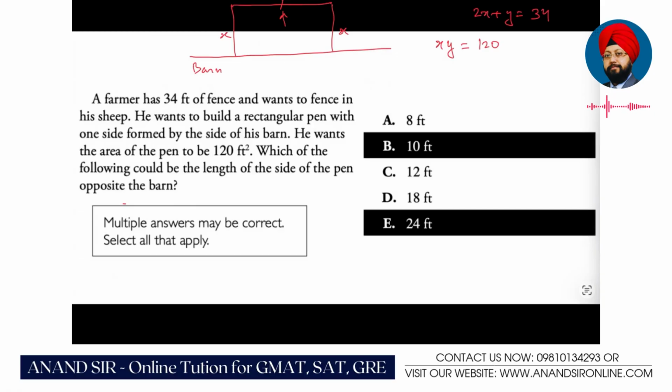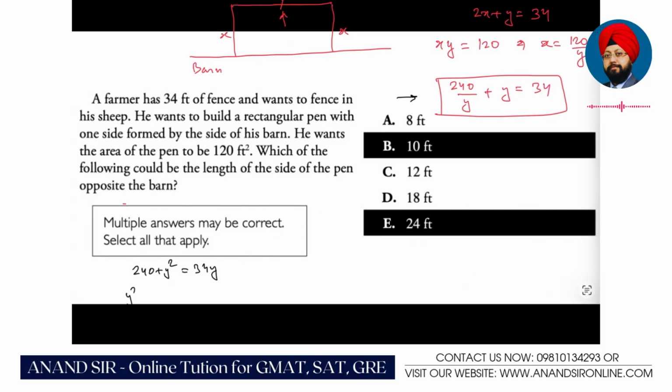So first of all, what I do, I just find the value of x from the second equation, which is 120 by y, and plugging in the first. So I get 240 upon y plus y equal to 34. Now there are two ways of solving further. Either you can solve by forming a quadratic equation, right, or you can simply plug in. If you solve by forming the quadratic equation, then what you will do, 240 plus y square equal to 34y.